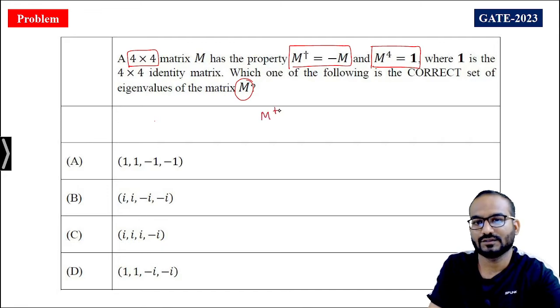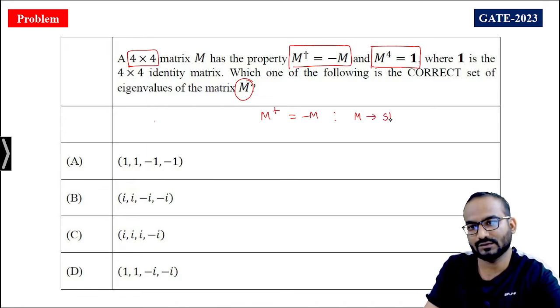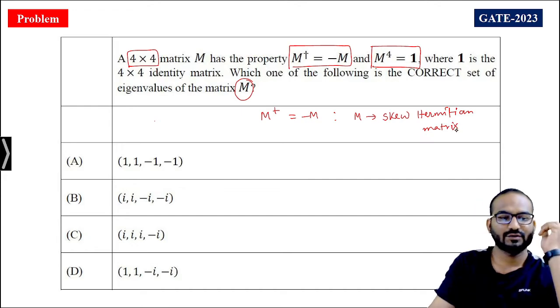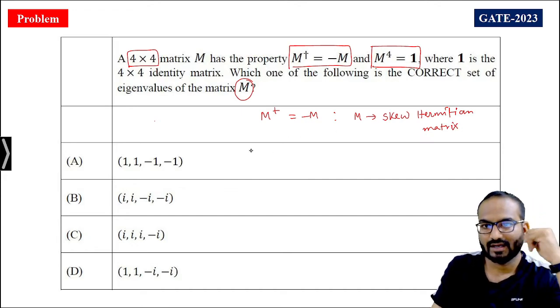M dagger is equal to minus M. What does it mean? It means that M is a skew Hermitian matrix. This is not Hermitian, this is a skew Hermitian matrix. And for a skew Hermitian matrix, what is the nature of the eigenvalues?